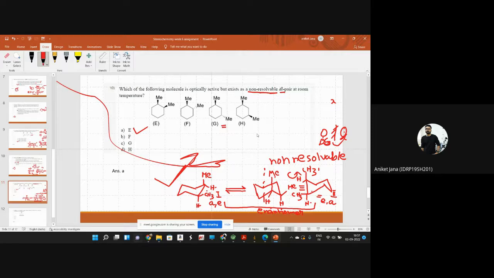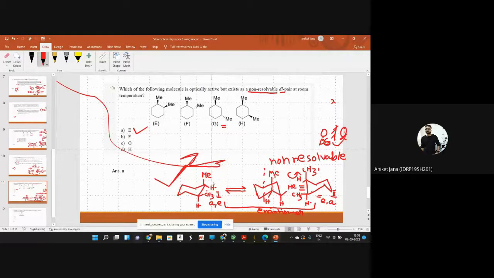Sir, in the case of option G, the two isomers are not interconvertible, sir? No. In the case of E, these two are quickly interconvertible, so we cannot resolve them. Yes, exactly, that is the reason.